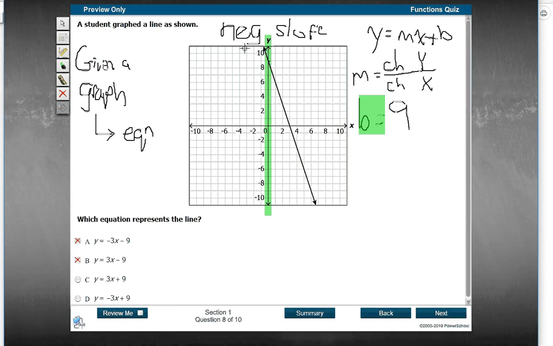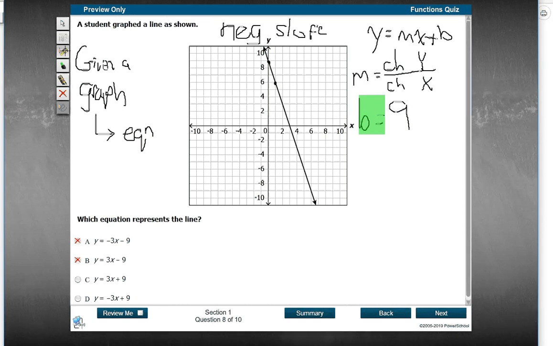So if it's a negative slope, I'm thinking, okay, if I'm going from this point, oh boy, let's try that again. Let's get rid of some of this stuff. If I'm going from, let's say, the point 0, 9 to the point, again, we're always trying to pick the points that go directly in a corner like this.